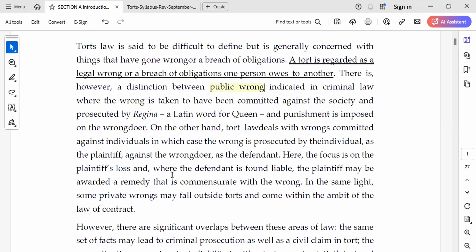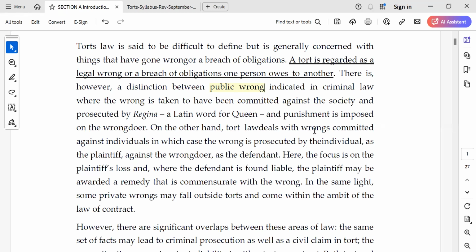But no, criminal cases are prosecuted by the queen, because they are wrongful acts, public wrongs done against the society. And the punishment is also imposed on the wrongdoer.